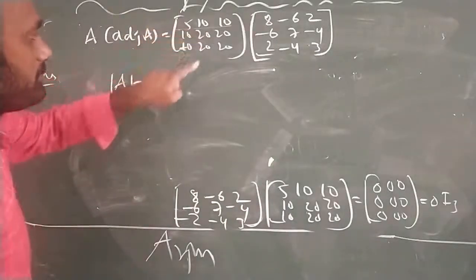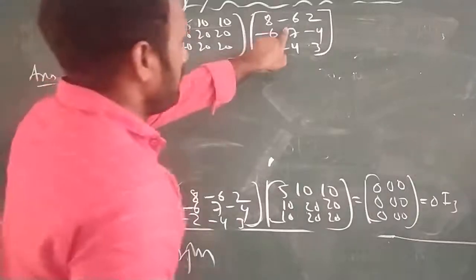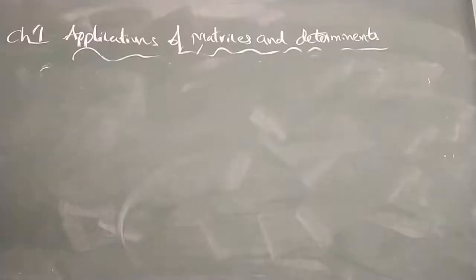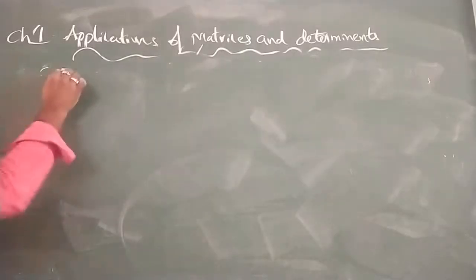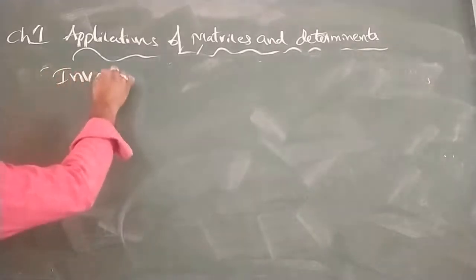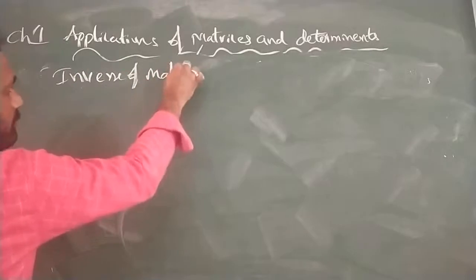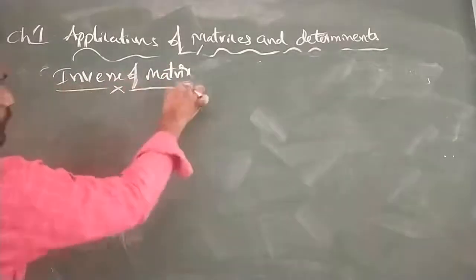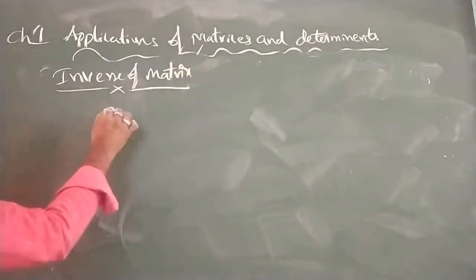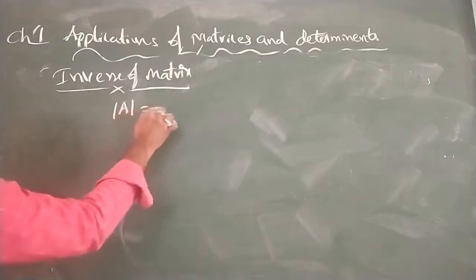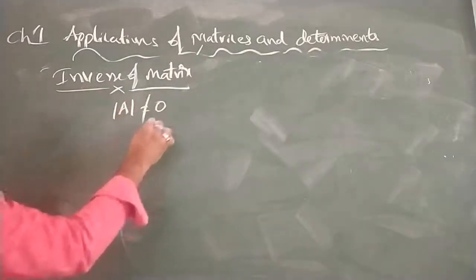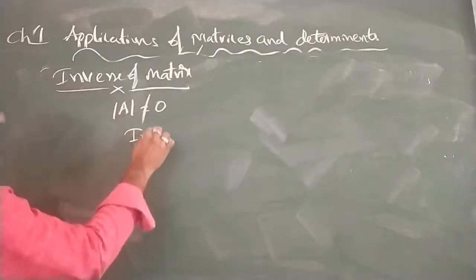Next let us learn about the inverse of a matrix. So what is the inverse of a matrix? Whenever the modulus of the matrix is not equal to 0, then the inverse exists.